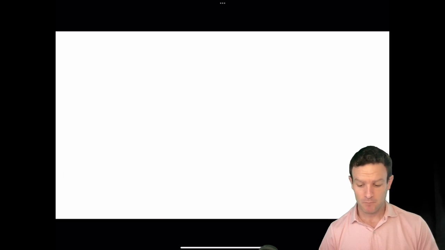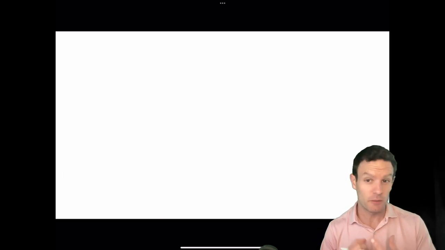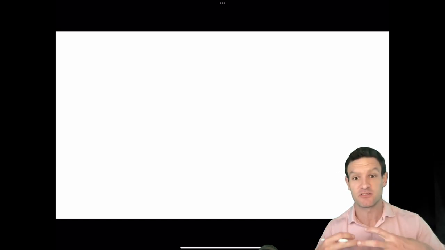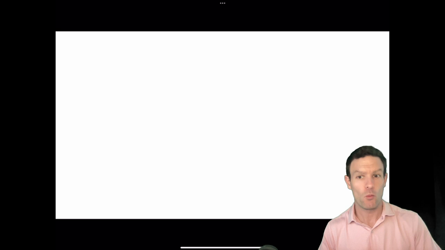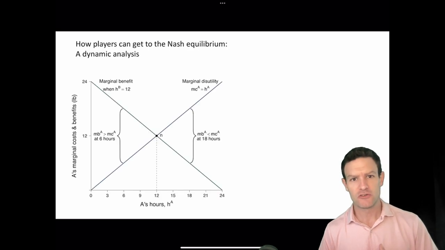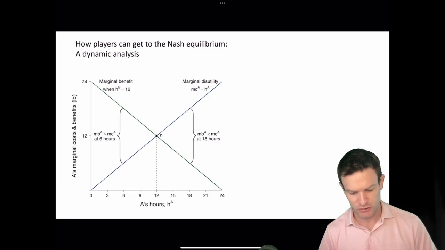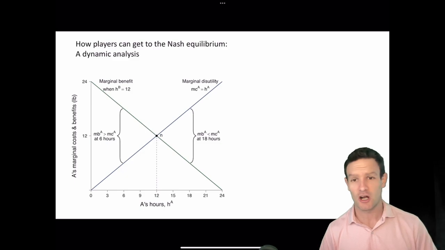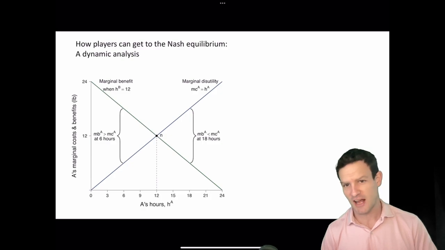Now, that told us what the Nash equilibrium was, but it doesn't tell us what the dynamics are of reaching the Nash equilibrium when they're out of Nash equilibrium. So to do that, we're going to think about the marginal benefit and marginal cost curves. As a reminder, our marginal cost curve for each of them is simply equal to their hours of fishing, HA for Abdul and HB for Bridget. And then we also have a downward sloping marginal benefit curve, where the marginal benefits of fishing an extra hour decrease as you fish more hours.